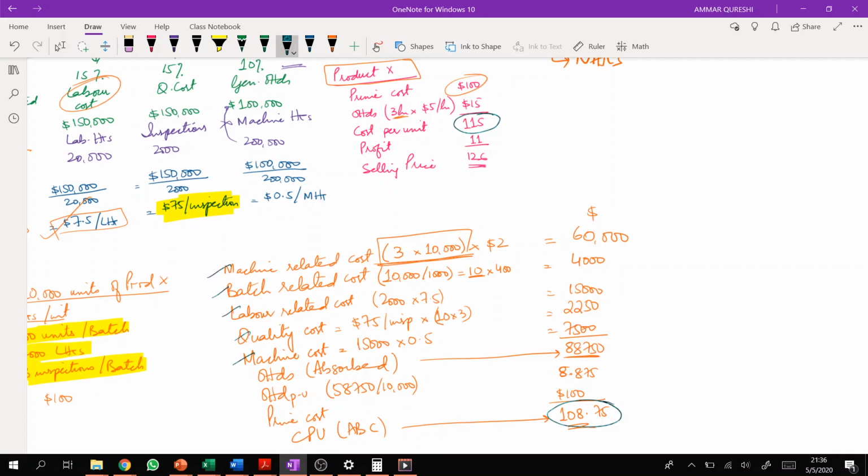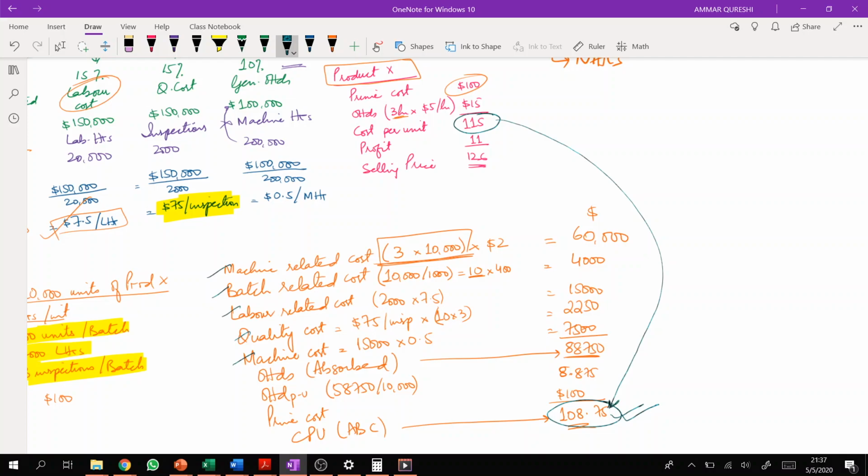So if someone asks which is more preferable, we will say that activity based costing is a better version, a more accurate answer as compared with the traditional one, right? Number two, there is a genuine question which people usually ask: what will be the benefit if a company switches from absorption costing to activity based costing?